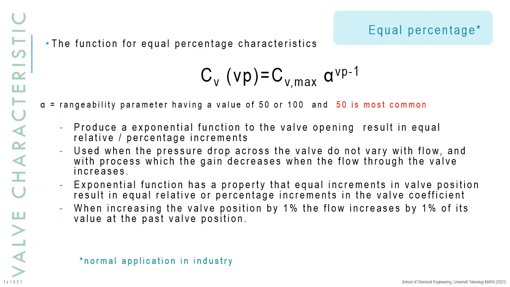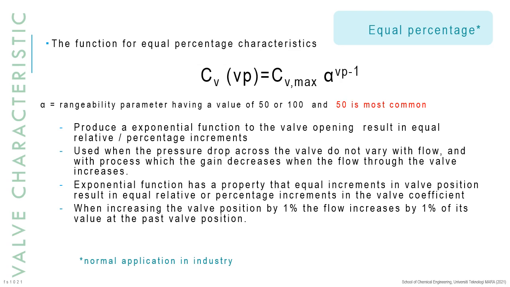The second type of valve characteristic that can be used to regulate flow is equal percentage. The function for the equal percentage characteristic is given in the slide, where alpha is the rangeability parameter having a value of 50 or 100, and 50 is the most common one. It produces an exponential function of the valve opening, resulting in equal relative or percentage increments.